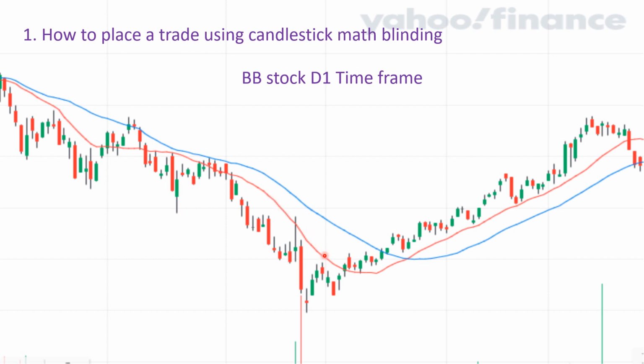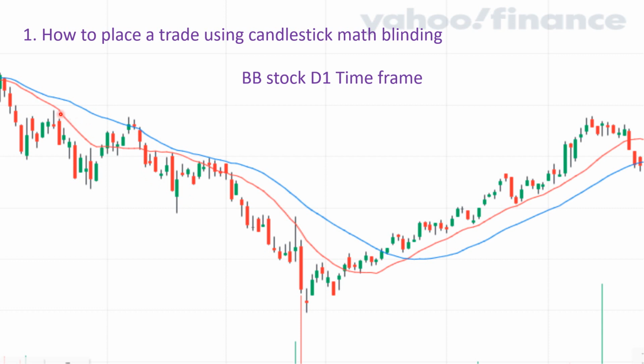As you see here, the price is trending nicely downward and it's making lower swing low, lower swing high, lower swing low, lower swing high, and lower swing low. That is the characteristic of a strong downtrend or trendy market.